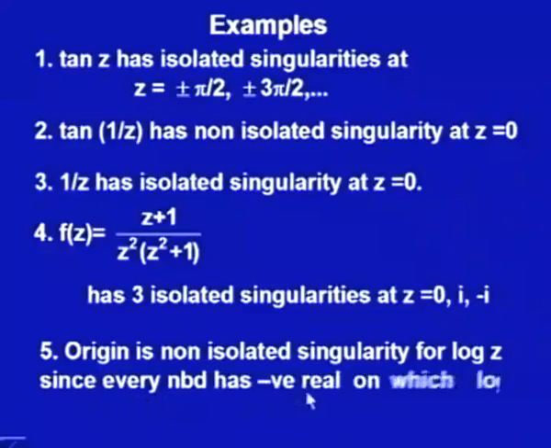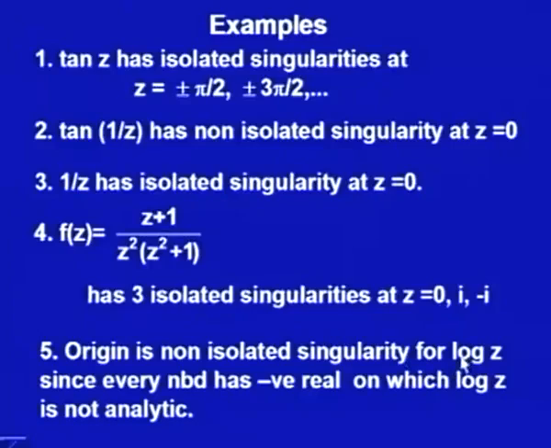Now, if I consider the function log z, then the origin is a non-isolated singularity for log z. Why? We do know that the log function is defined for all positive real x. Now, if I take the origin and a neighborhood on the real line itself, then for all negative points log is not defined.